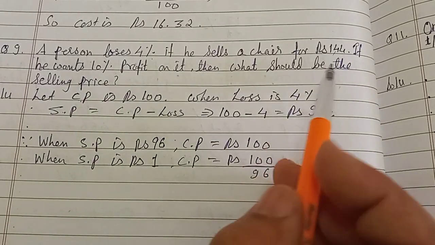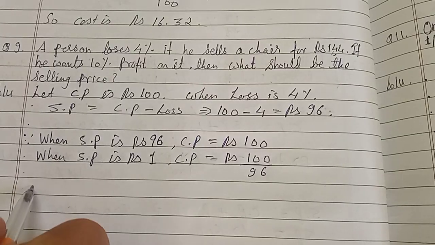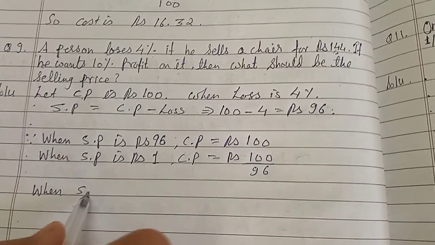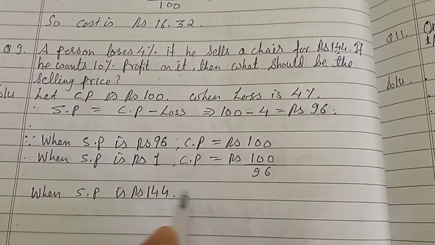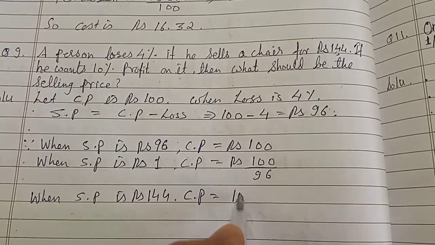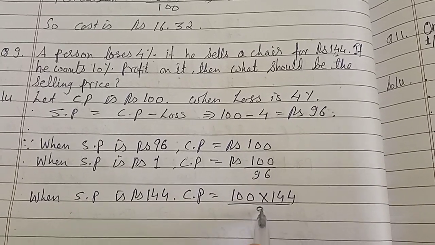But we have to find for how much rupees? 144. So when selling price is rupees 144, cost price equals 100 into 144 upon 96.